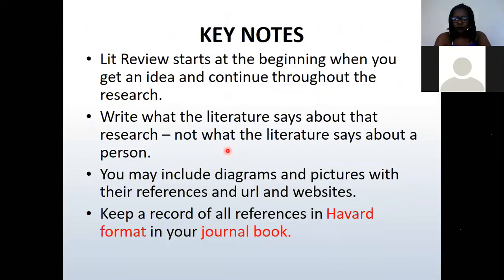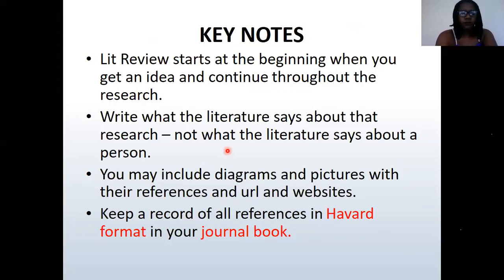Now, lastly, as a keynote, to summarize: the literature review starts at the beginning, when you get an idea, and continues throughout the research. Also write what the literature says about the research, not about the biography of who the author was. Stick to what he did.